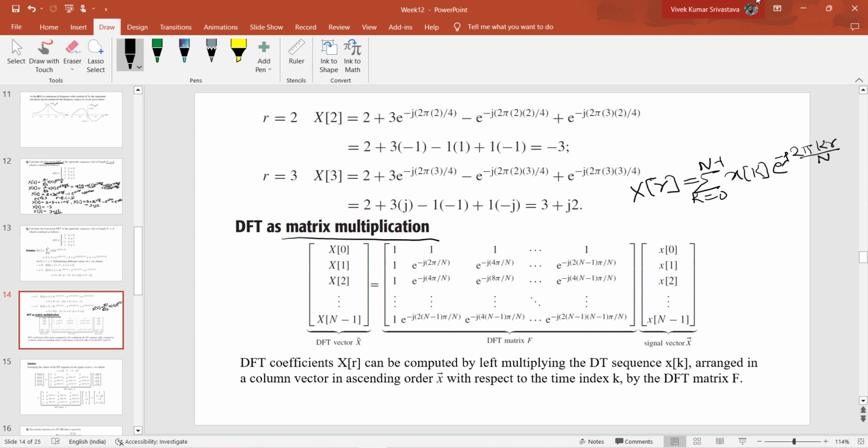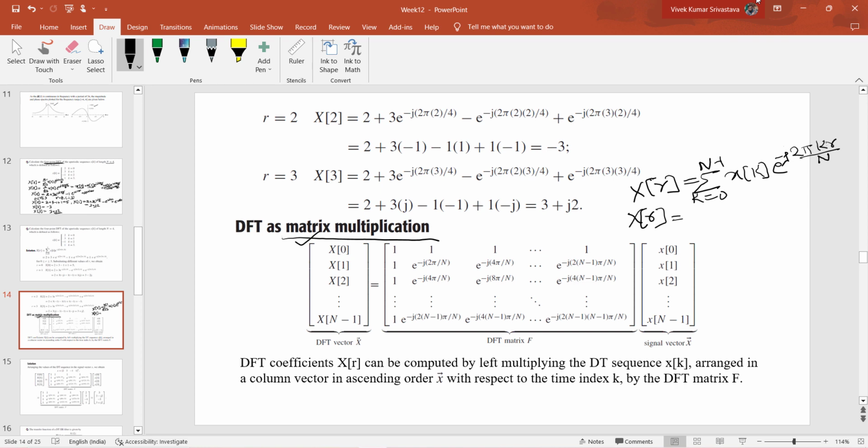To obtain this matrix, people just expand this x of r for different values of k, let us put here.